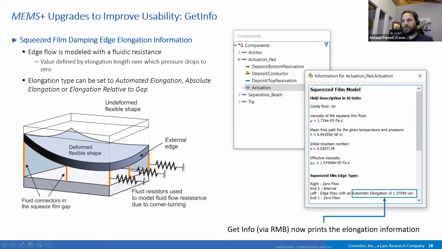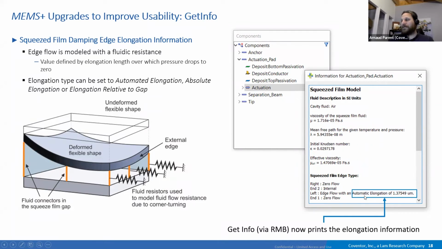And this model exists, and in the documentation you will find some references if you want to know the models. What we put in the get info, something you will have if you right-click the gap model, is information on the physical model, and you will be able to see the value of this elongation. So it can help to understand how your model behaves and what the values used are.